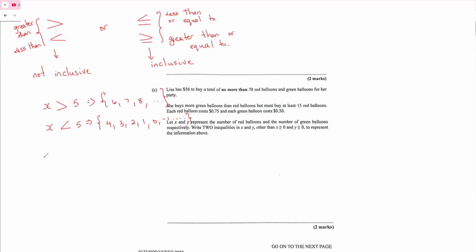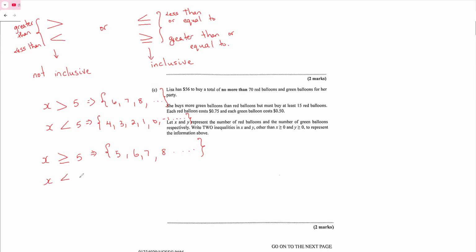So if x is greater than or equal to 5, it could be 5, 6, 7, 8, 9, all the way up to positive infinity, but it includes 5 in its set.